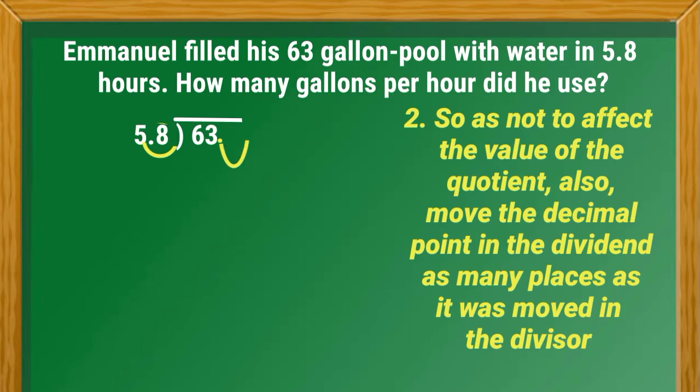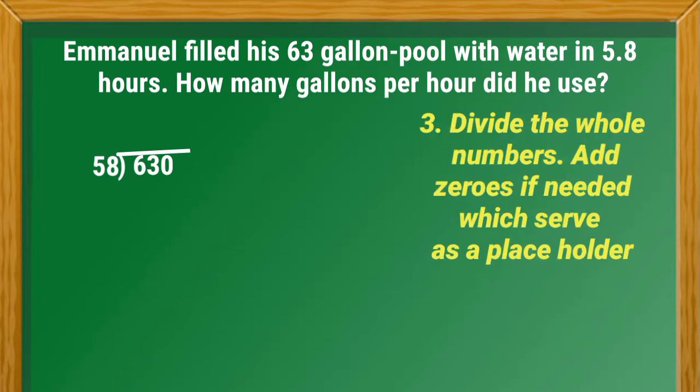We need to move the decimal point once to the right. Since we don't have a digit here, we are going to put 0 as a placeholder. So this will become 630. Our new equation is 630 divided by 58.